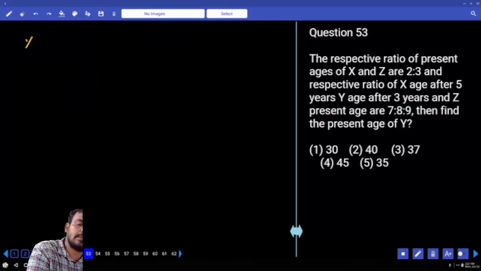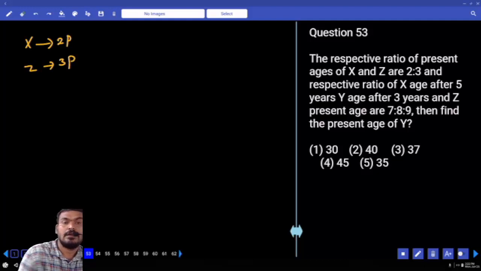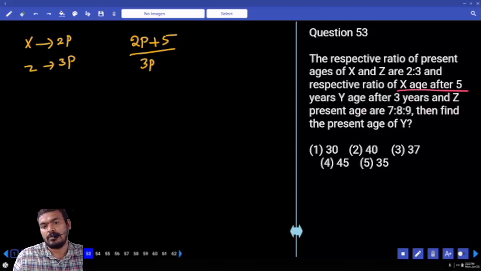First X present is how many parts? 2 parts. Z present 3 parts. X age after 5 years means 2 parts plus 5. Z present value means 3 parts. 2 parts plus 5 by 3 parts, that is equal to, what is the second ratio? X after 5 years, Z present.